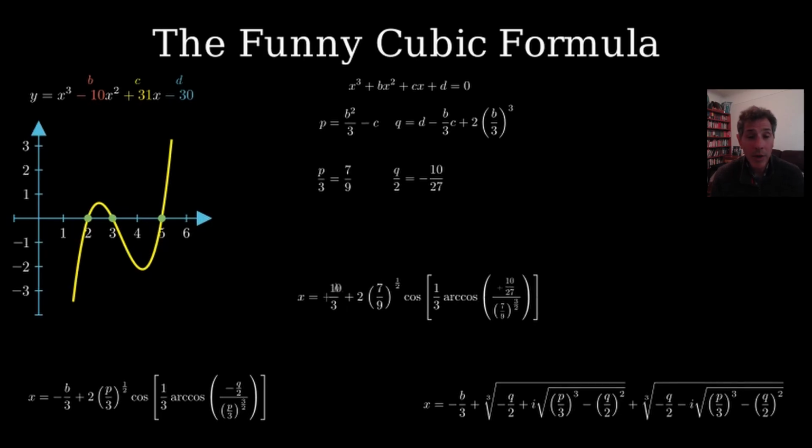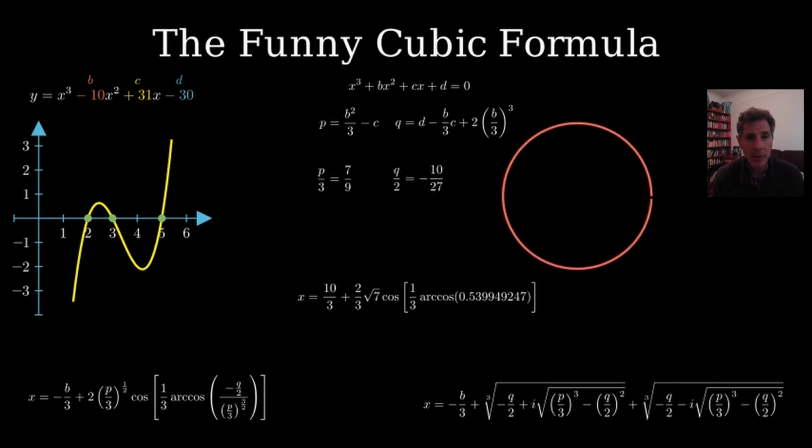In order to evaluate this expression for x, we first must evaluate the arc cos. Now, arc cos is multivalued. In our example, on a unit circle, this corresponds to an angle whose x-coordinate is 0.54.